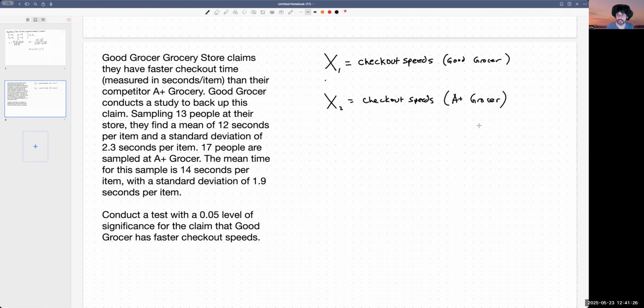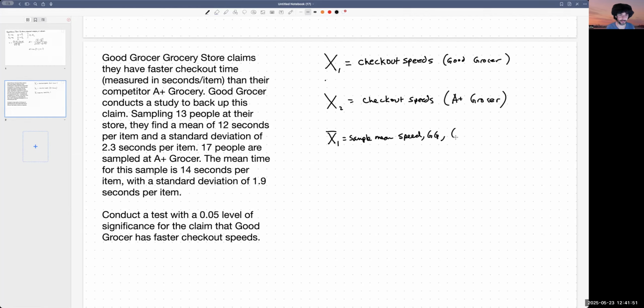And what we're doing is taking a sample from each of these, and when we take the sample, we're then considering these sample mean checkout speeds. Let's make this simple. I'm just going to call it sample mean speed for Good Grocer.